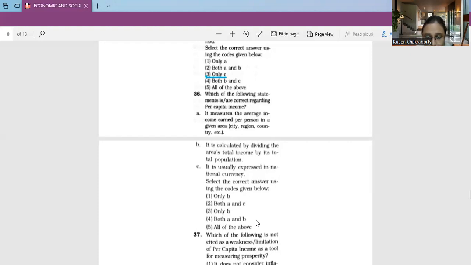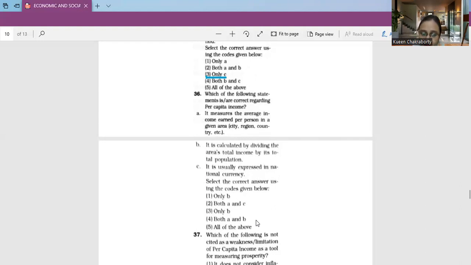Thirdly, it is usually expressed in national currency. So we have three statements here and we have to choose. It measures the average income earned by a person in a given area, this is definitely correct. And it is also calculated by dividing the area's total income by its total population.